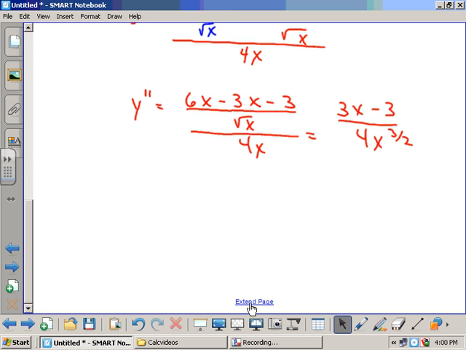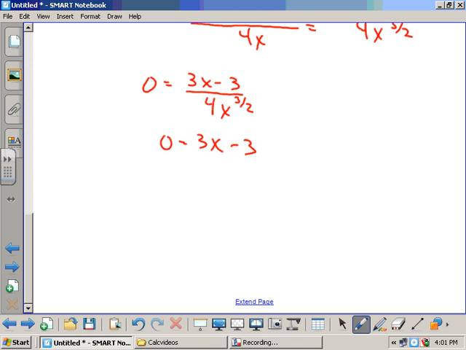So to find inflection points, we're going to set this thing equal to 0. The 4x to the 3/2 is where the second derivative would be undefined, but that is at 0, and 0 is already an endpoint. So we'll set the numerator equal to 0, add 3, find an inflection point to be at 1, possibly an inflection point.